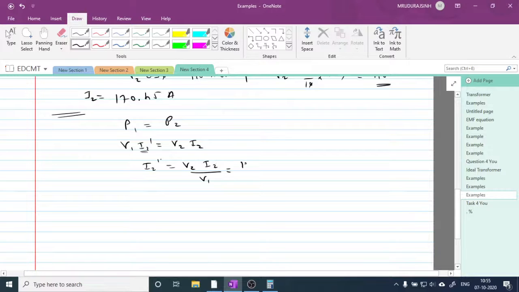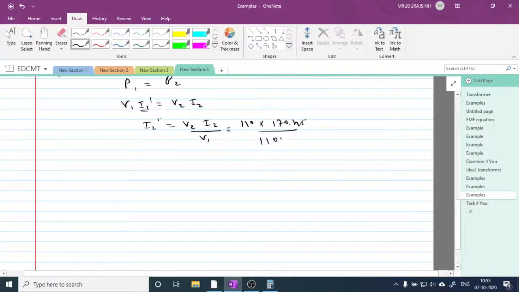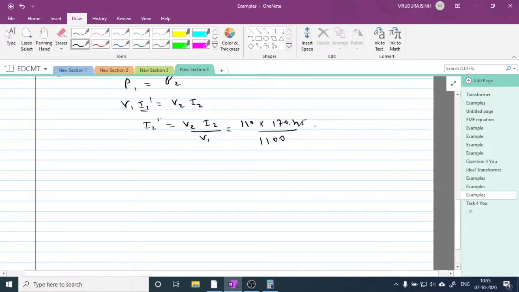V2 is 110, I2 is 170.45, and V1 is given as 1100 volt. So 170.45 multiplied by 110 divided by 1100 is 17.045 ampere. So this has become our I2 dash.